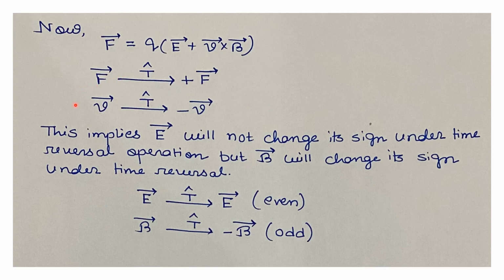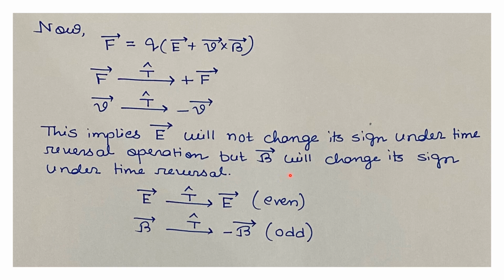Under time reversal operation, the force vector doesn't change its sign, but the velocity vector changes its sign. So it will turn into minus v under time reversal operation. So this suggests that the electric field vector E will not change its sign under time reversal operation, but the magnetic field vector will change its sign under time reversal.